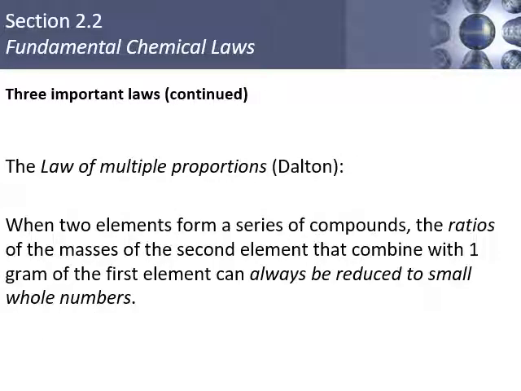The law of multiple proportions, and this was by Dalton, says that when you form a compound from 2 elements, the ratios will always be able to be reduced to small whole numbers. That means that anything down to about 6 or less will be what you can reduce these to. So if you look again at water, water is H2O. So you have a ratio here of 2 hydrogens to 1 oxygen. Next slide.